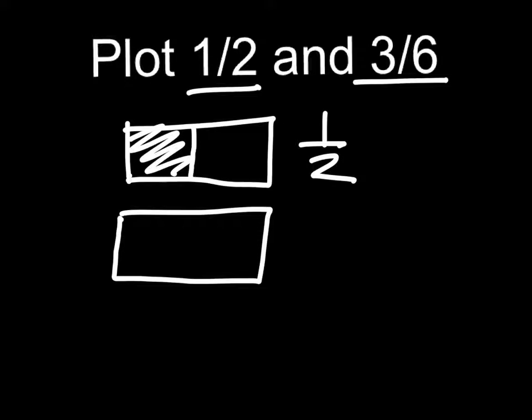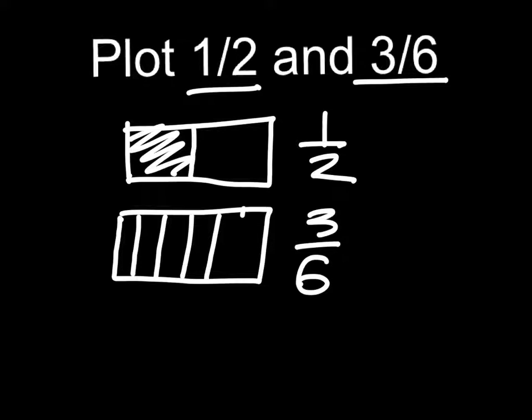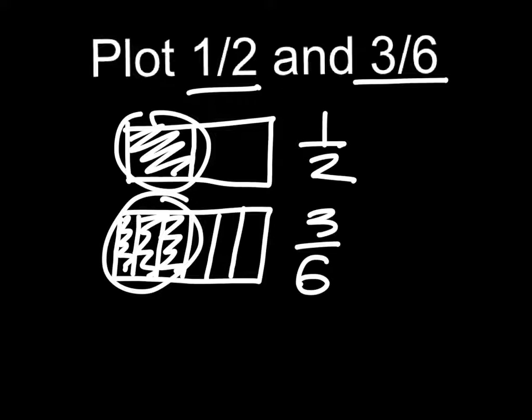And then for the second fraction, we have 3 out of 6, so there's 6 total pieces. And we're just going to color in 3 because we only have 3. And from the pictures, you can tell that both of these amounts are equal.